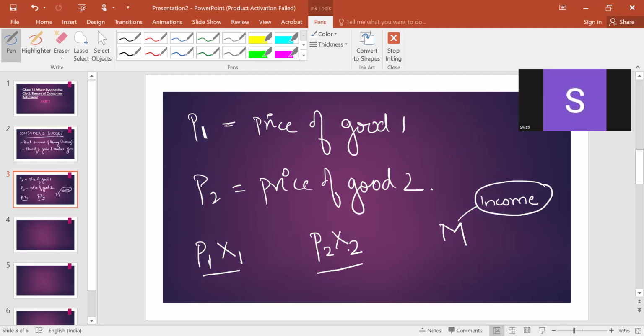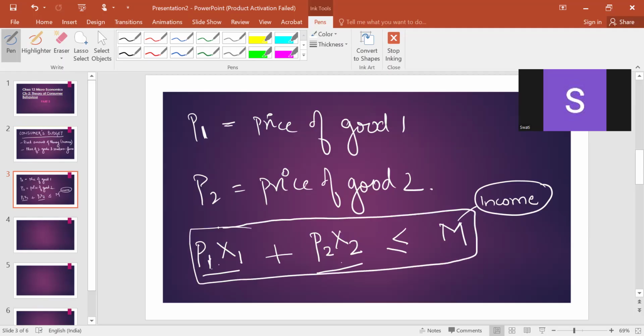In that case, P1X1 plus P2X2 has to be less than or equal to M, because the amount he pays to purchase X1 and the amount he pays to purchase X2 must be less than or equal to the total income he or she has. So this becomes our budget constraint.